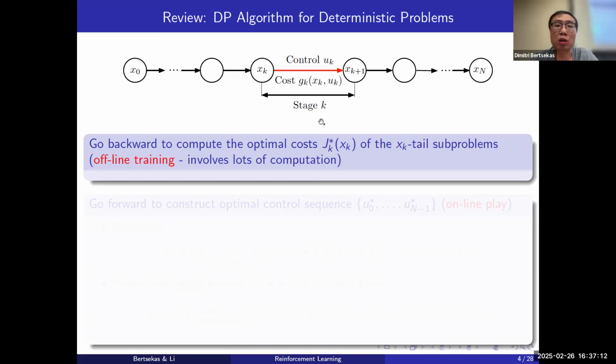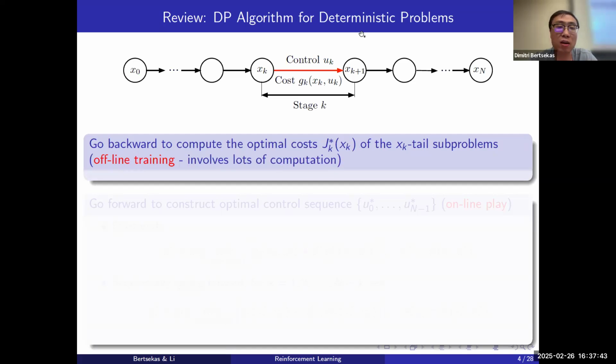control. And to solve this problem, and beyond this discrete case, it's possible, a principal approach is dynamic programming algorithm, which involves 2 phases. The first phase is going backward in time by computing the x_k tail subproblems for all x_k and all k. And by necessity, this is done offline and involves a lot of computations.